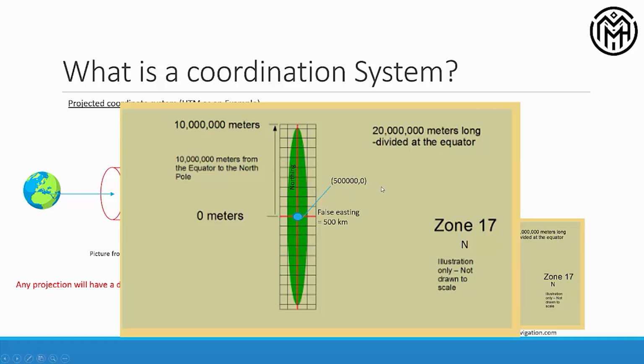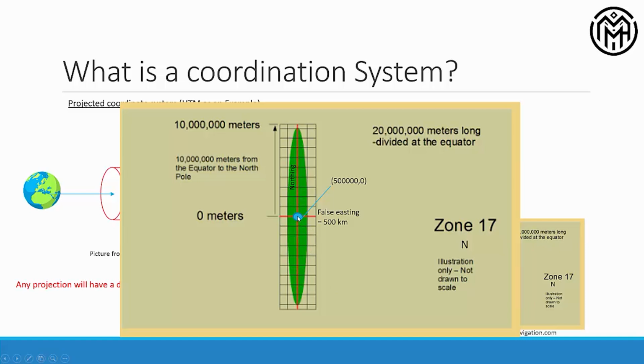I want you to pause the video and ask yourself, why would you assume that the false easting here is 500 kilometers? Why would the origin point not be 0 and 0? Instead, they decided that the origin will start from 500,000 meters and 0. Why would we do such a thing? The answer is to avoid negative values. So that's why sometimes we have to assume false easting or false northing or both of them to avoid negative values.